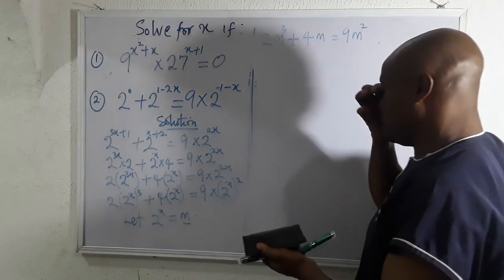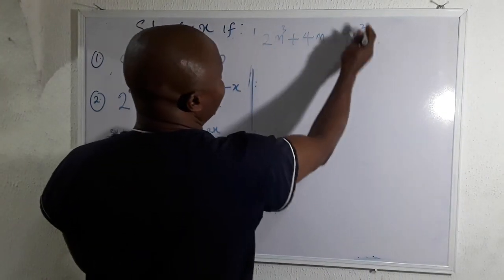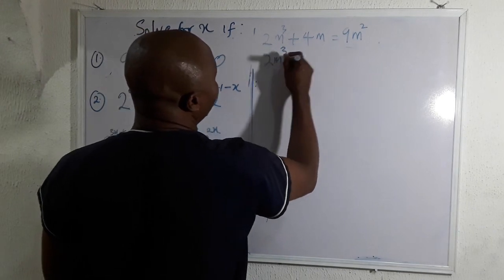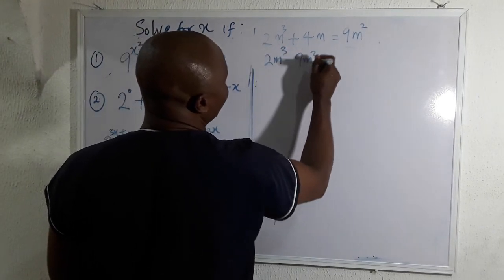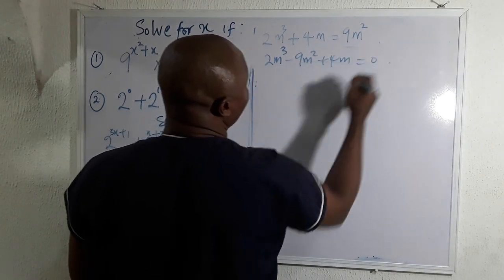If we move this 9m this way, that will be 2m cubed minus 9m squared plus 4m is equal to 0.